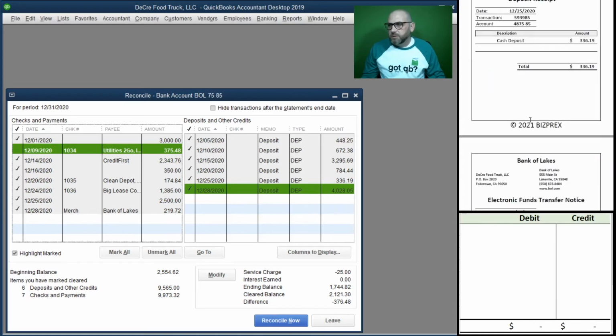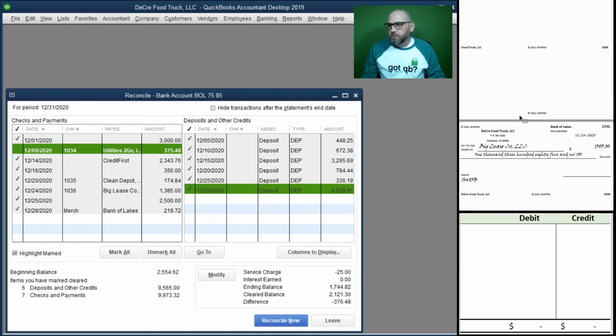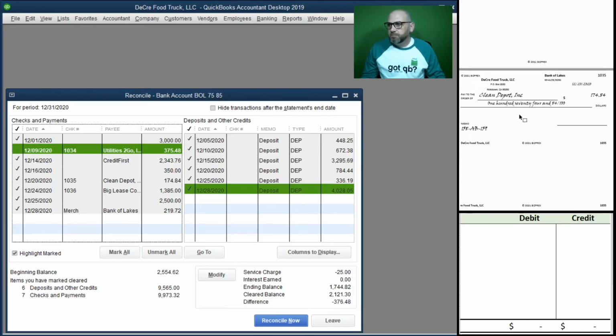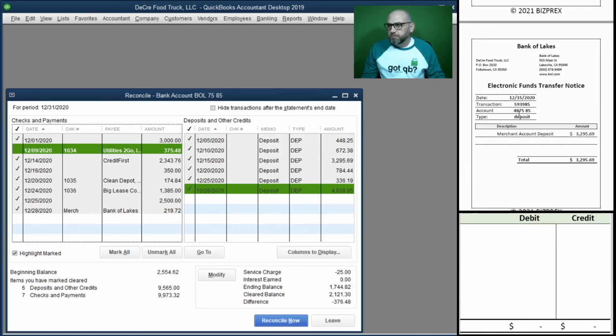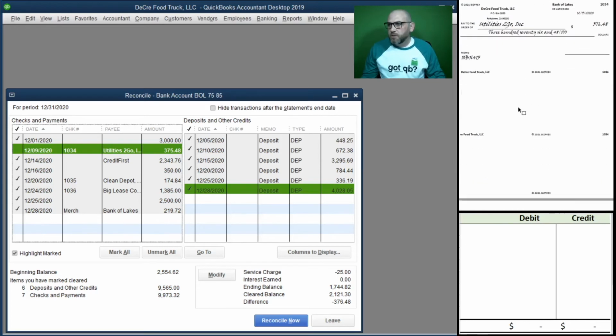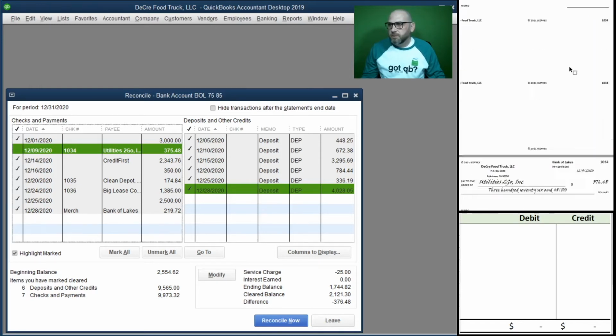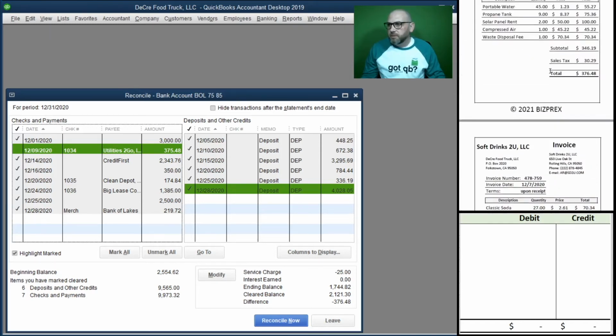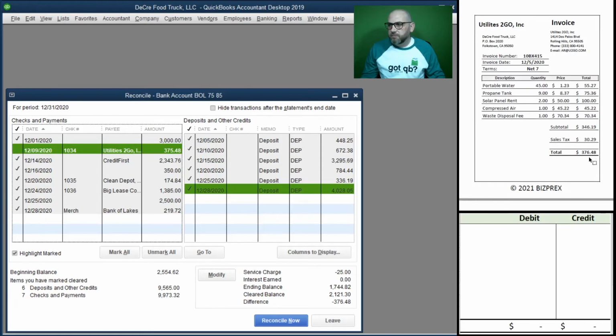So let's go to the check that we used to pay our utilities. Here it is, right? $376.48, right? And the bill that we entered for utilities, $376.48.